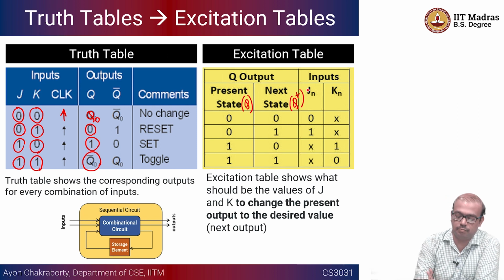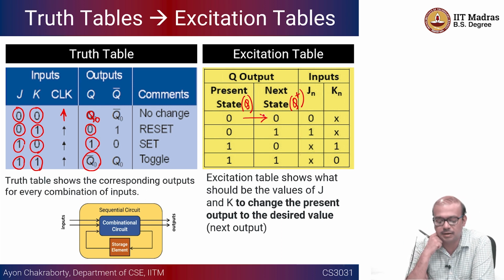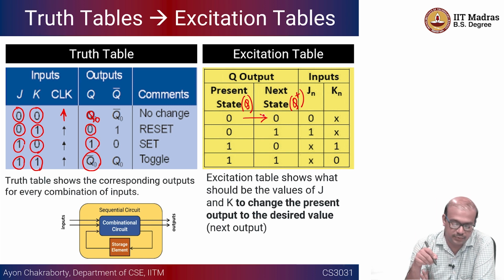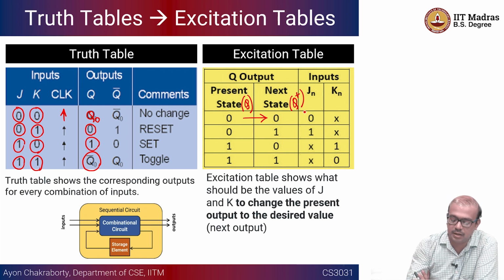Okay, so if we see 0 to 0, you can look at the state table, the truth table on the left hand side, and see what should be the value of J and K. So 0 to 0 could mean I am retaining the memory. It's a memory hold state, the content of Q doesn't change. So what should be the value of JK? The value of JK could have been 0, 0.